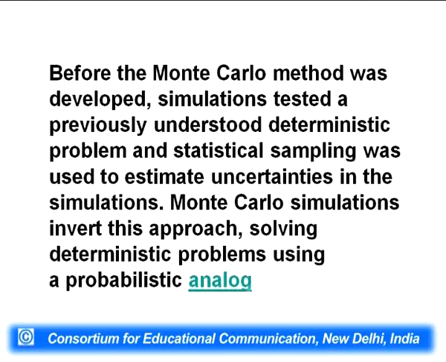Here one has to understand how this Monte Carlo process works. First, the results of the analog system, deterministic in nature, are observed thoroughly. And then the Monte Carlo simulation technique is used, which is probabilistic in nature, and this will solve our deterministic problems. How the process is used, we are going to discuss in further slides.